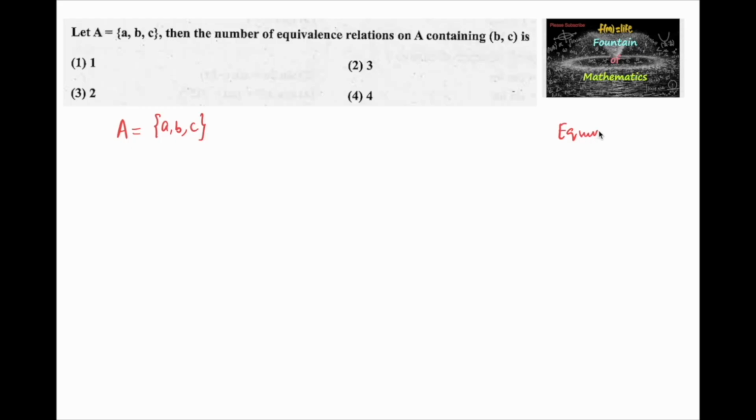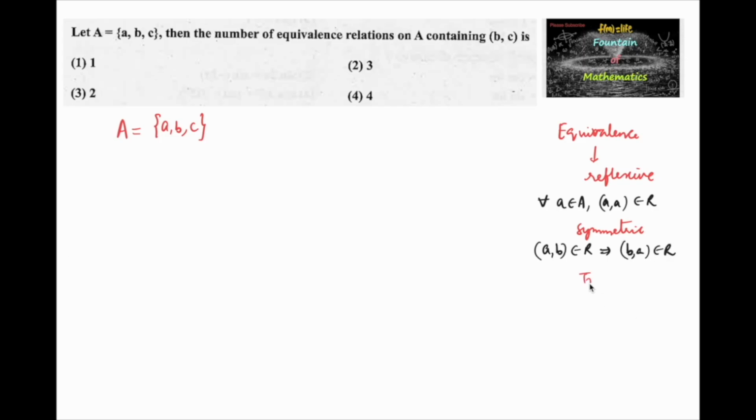Equivalence relation should be reflexive, that is, for every A belongs to capital A, A comma A must belong to the relation R. And it should be symmetric, that is, if A comma B belongs to R, which implies B comma A must belong to the relation R. And coming to transitive, if A comma B belongs to R and B comma C belongs to R, then A comma C must belong to R. So a relation which satisfies all these three conditions is said to be equivalence.